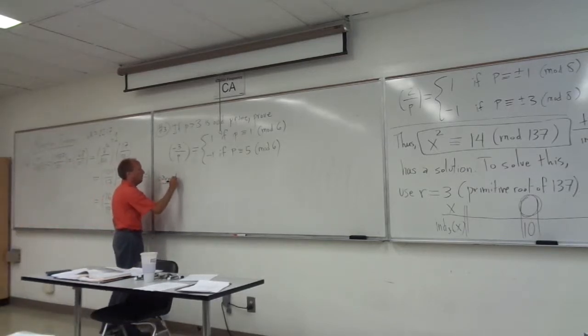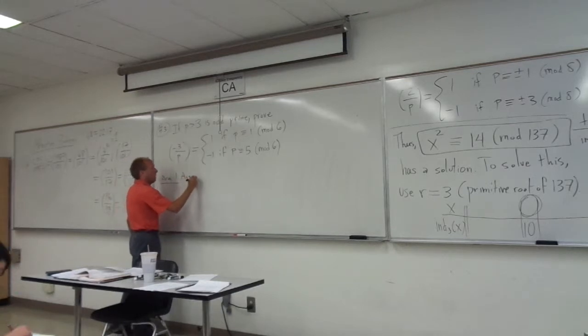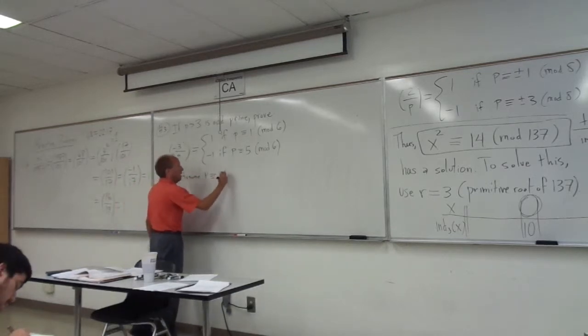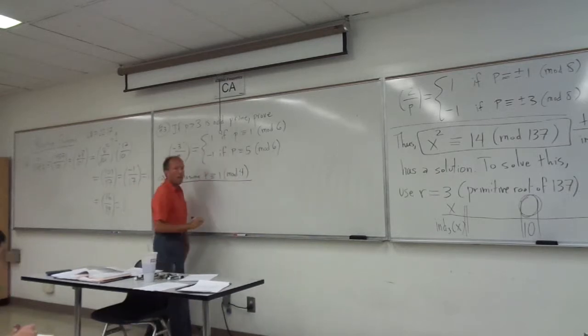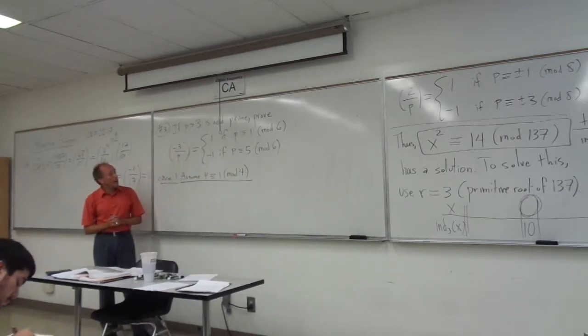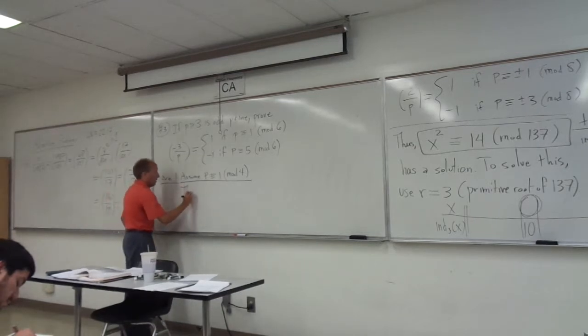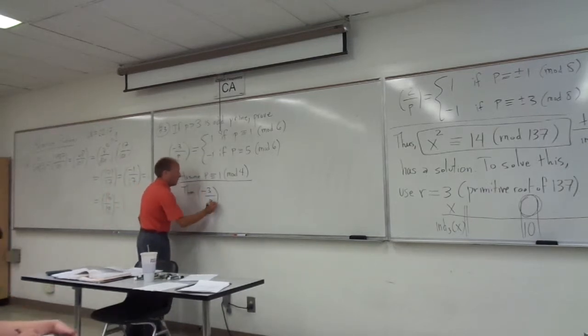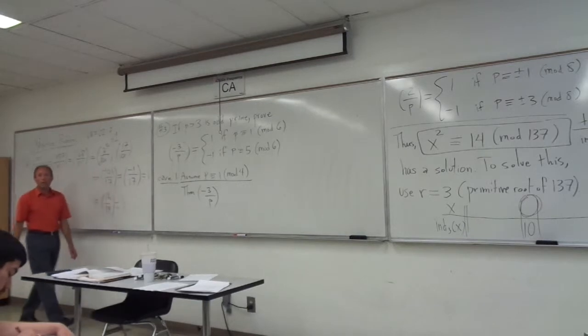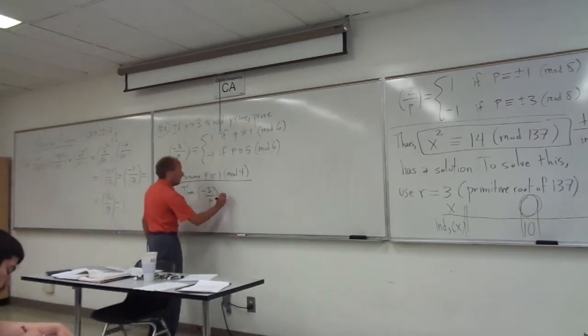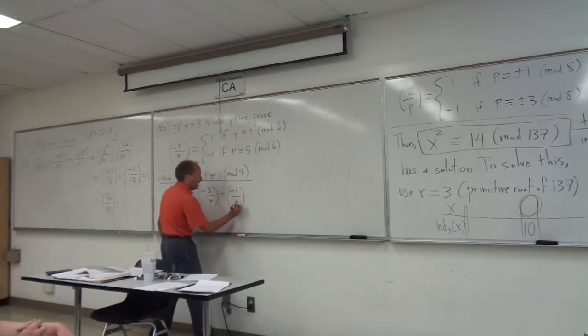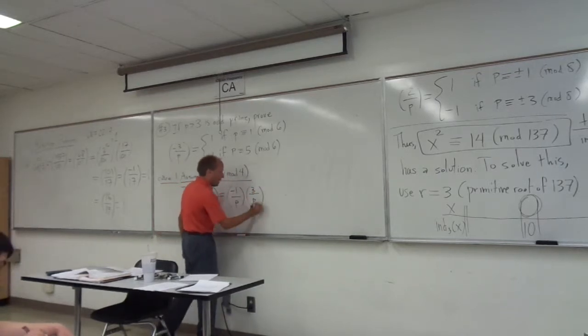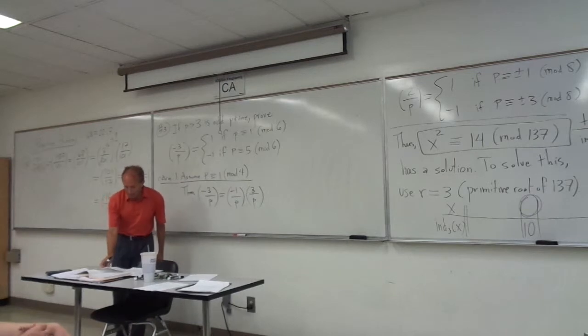Case 1, assume that p is congruent to 1 mod 4. And so in that case, let's look at the Legendre symbol of -3 in mod p. And let's use the multiplication property. So this is -1 in mod p times 3 in mod p, right?